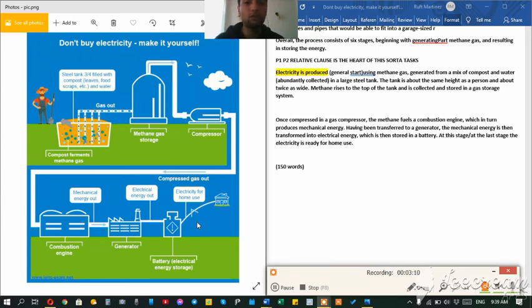And don't use many sentences. Don't put a dot, nokta. Put a comma, virgül, and continue your sentence using P1, P2, relative clause. This is the best way to get a higher score in your task 1 diagram essay, along with the rest of the tasks. Okay?